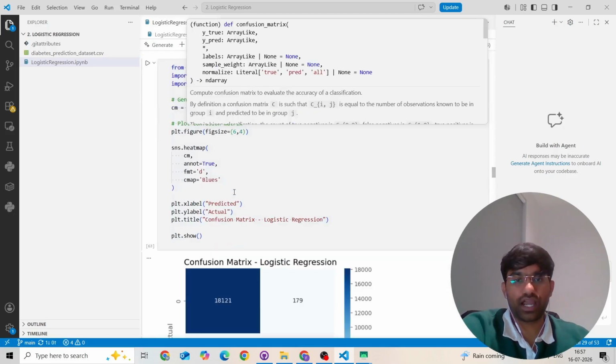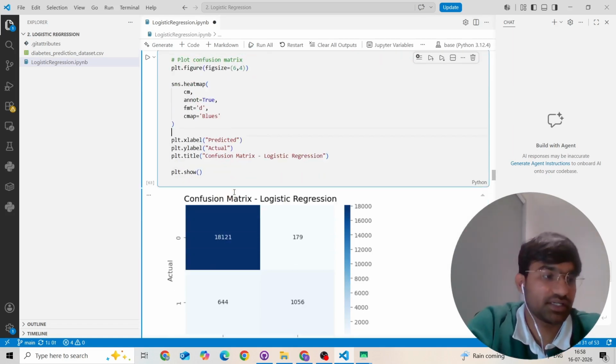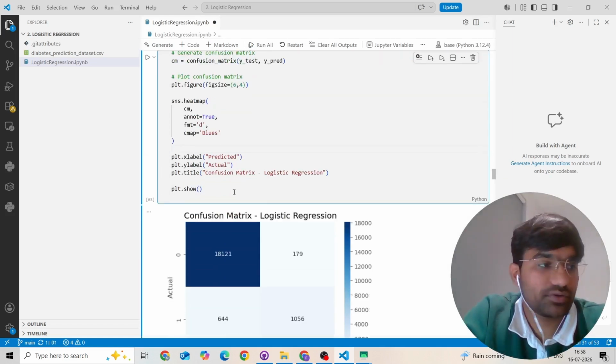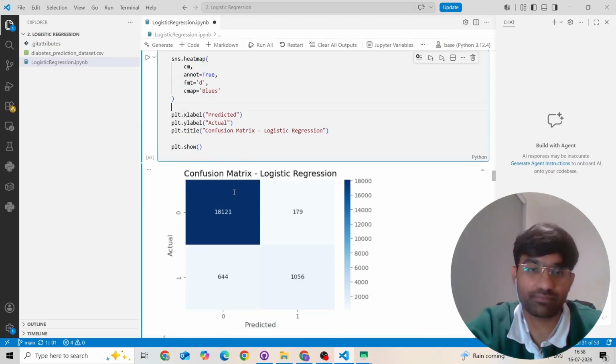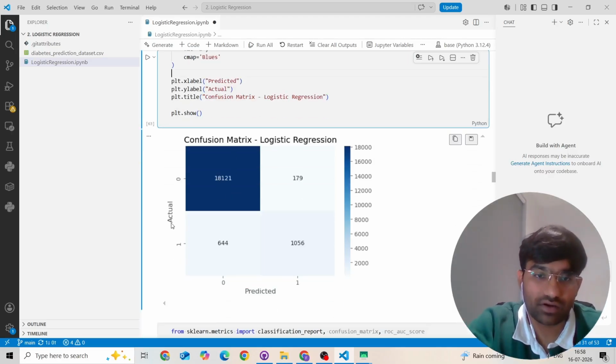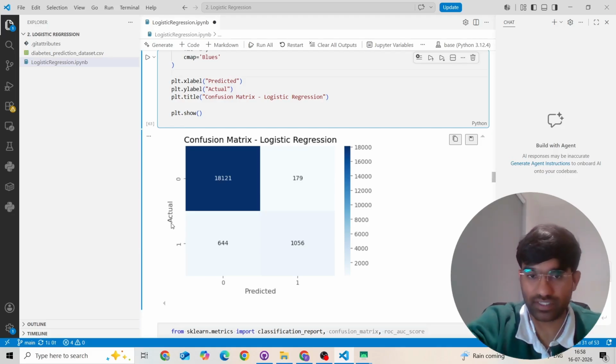So if you see here, I have plotted the confusion matrix. This is important, the confusion matrix. You need to understand it a bit. I will explain how this confusion matrix has been plotted, because in theory I have shown you the predicted. Let me explain.